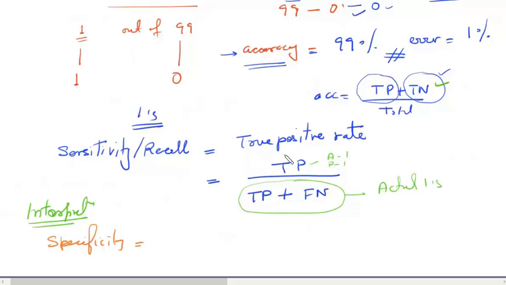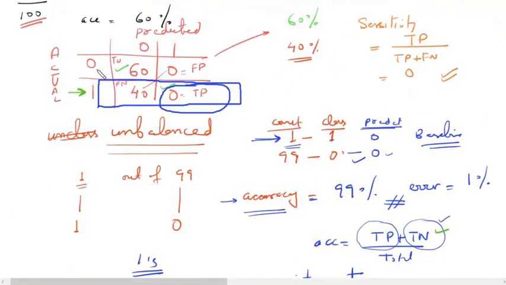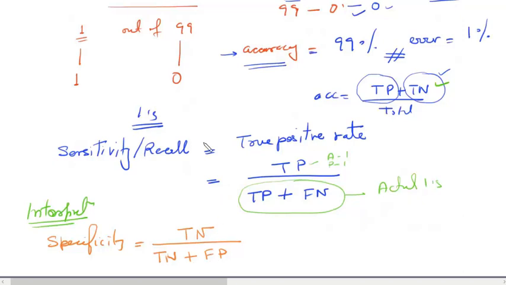So in this case, instead of true positive, we will have true negative, and in the denominator again you will have true negative plus false positive. So going back to the confusion matrix, the specificity will be true negative, which is this parameter, divided by once again the row total. So this is the row total. So the row total is true negative plus false positive. That's what I have written here.